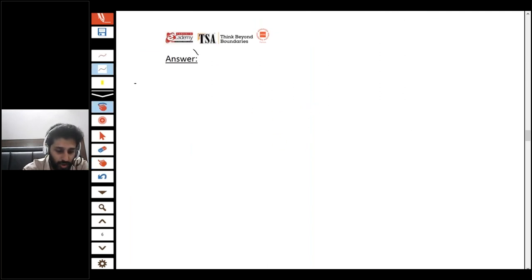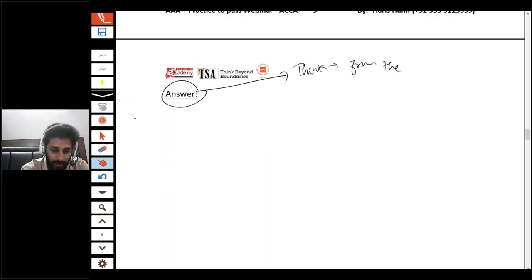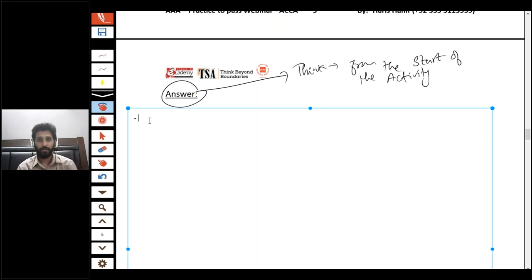For the procedure, you should start thinking from the start of the activity. When you are able to think from the start of the activity, you will be able to think for the procedure.